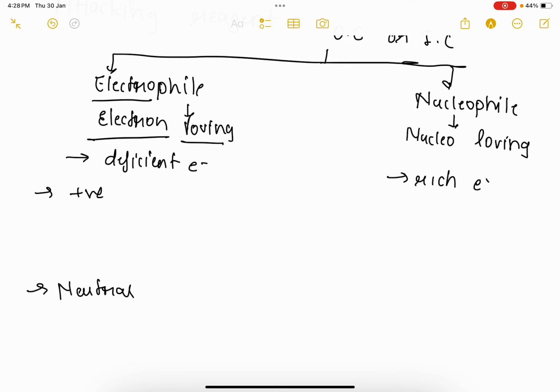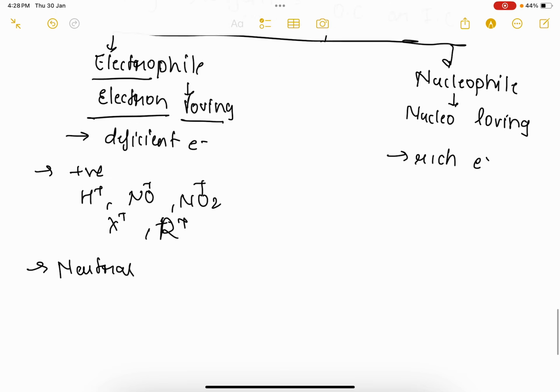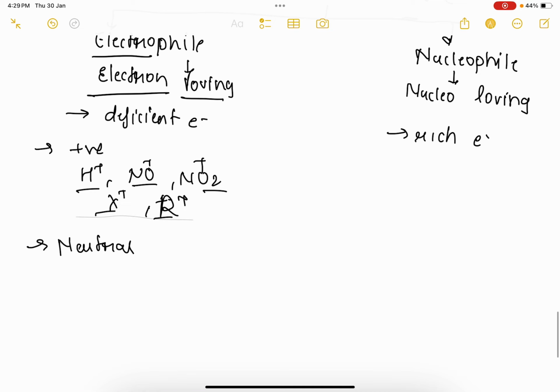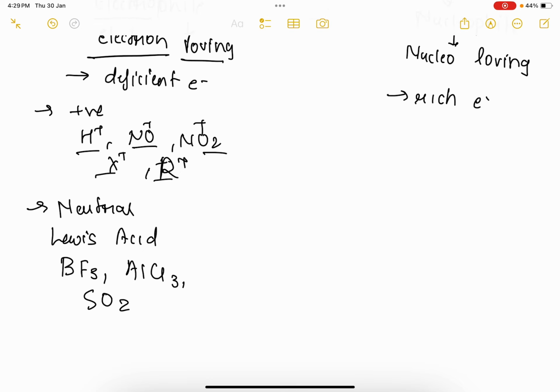Positive charges such as H plus, NO plus, NO2 plus, X plus, R plus. These molecules or ions require electrons, so they are electrophiles. Neutral ones are all the Lewis acids, for example BF3, AlCl3, SO2. They are neutral electrophiles.